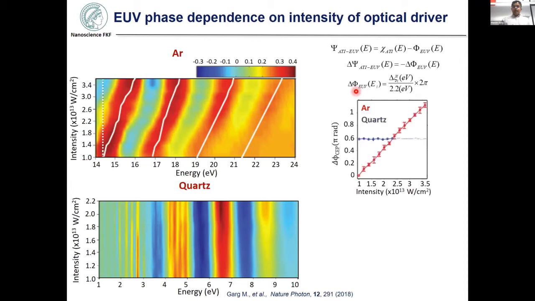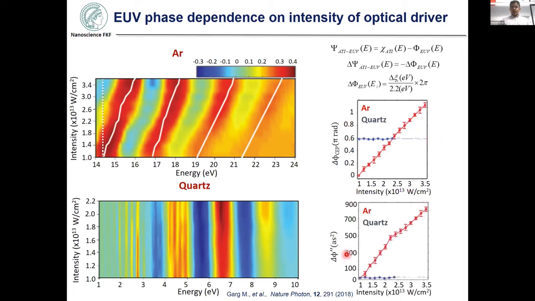So in case of quartz, what we can do is a Taylor expansion of this phase and look into the CEP phase and the group delay dispersion phase. And if you look here, the CEP phase is varying quite linearly with respect to the intensity of the pulse, and in case of quartz, it remains almost constant. And the same goes for the group delay dispersion.